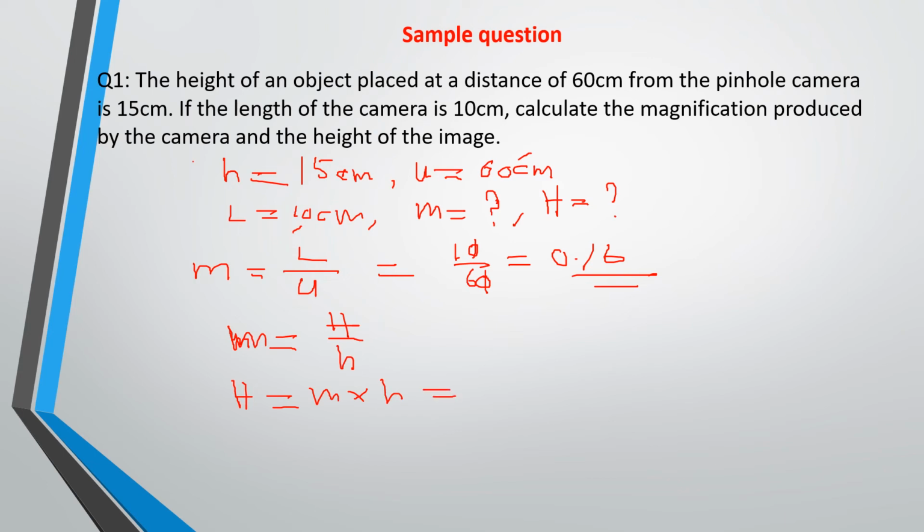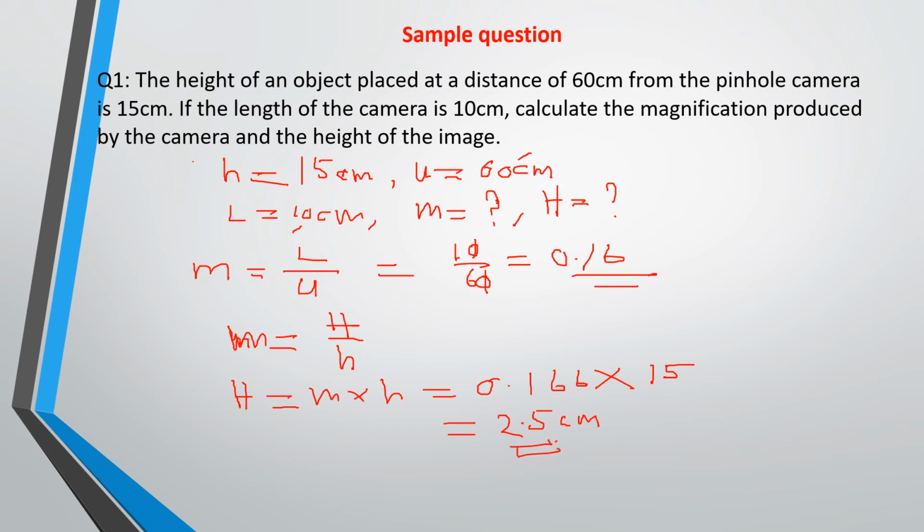So do that: 0.16 multiplied by the object height, which is 15. If you multiply that out, you have approximately 2.5 as your image height.